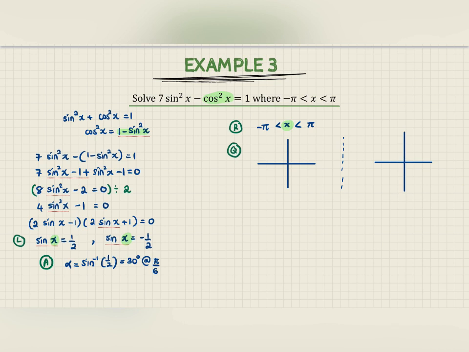So untuk positive sign, so A, S. Kalau untuk negative sign, dekat T dan juga C. So ini adalah kita punya location of alpha. So ini adalah pi over 6. Pi over 6. So bawah ni pun sama. Dia adalah value kepada pi over 6 dan pi over 6.